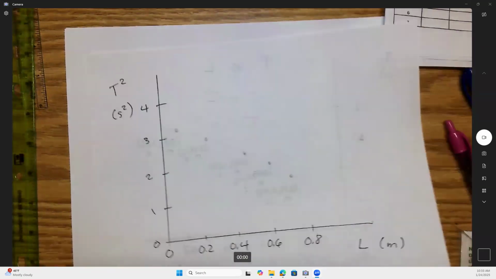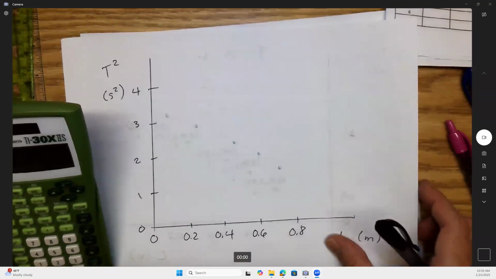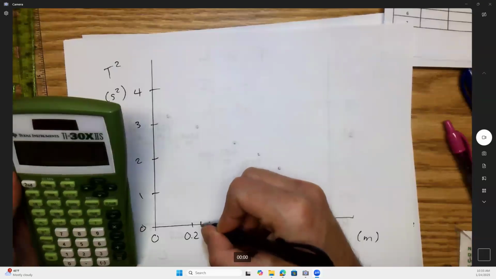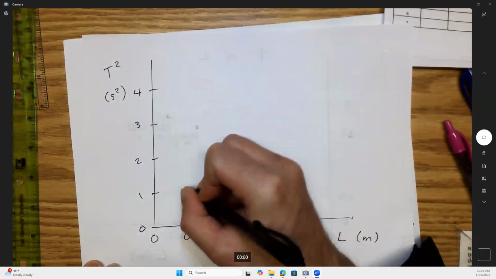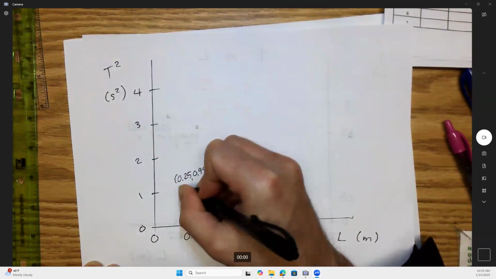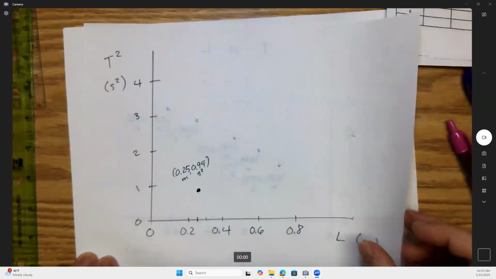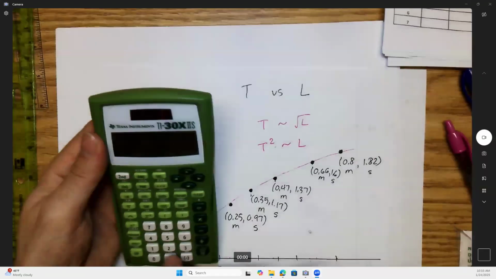Okay. So over here, at 0.25 meters, I got 0.94 square seconds. So 0.25, 0.94. This is meters and square seconds. Okay, there's 1 point. Okay, next one. At 0.35 meters, 1.17 seconds.